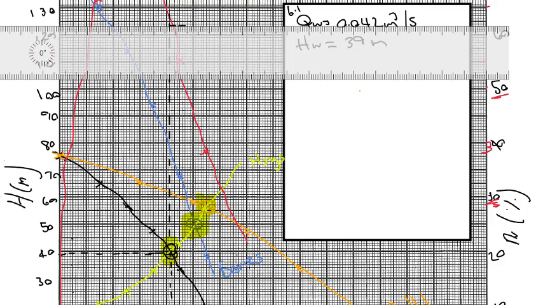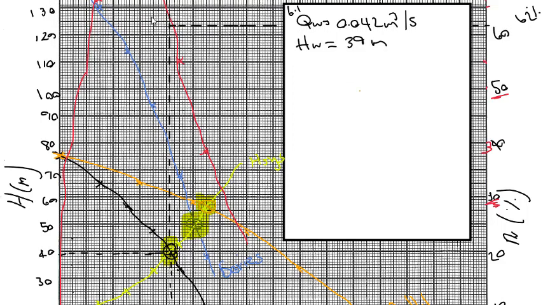So if you plot it correctly, you should have gotten an efficiency of 62%. Okay. So let's remove the ruler and add that to our data. So our efficiency is now sitting at 62%.